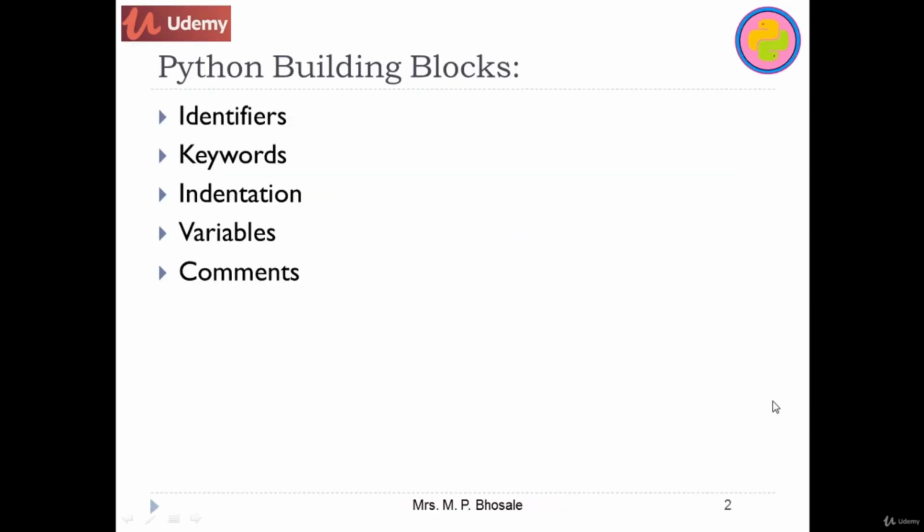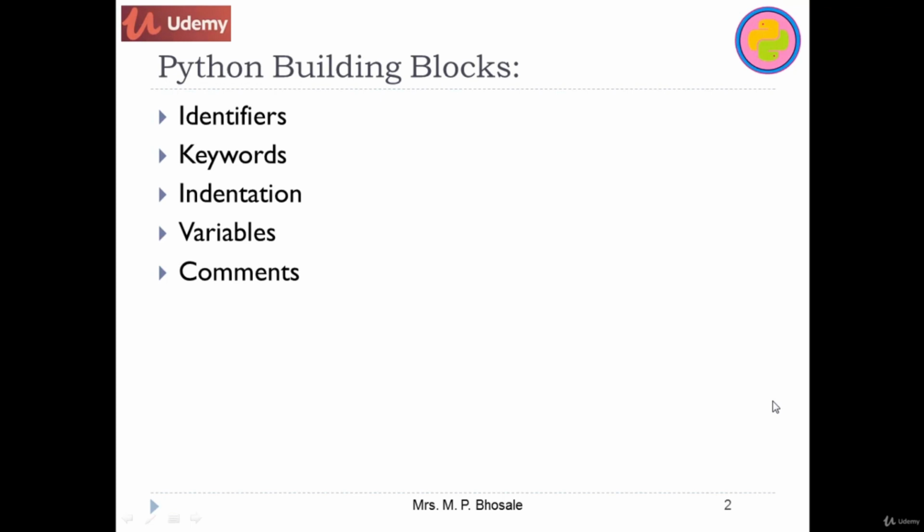There are 5 building blocks for Python. Of course these are applicable for other programming languages also. First is identifier. Identifier means various programming elements such as variable, functions, arrays, structures, and so on.